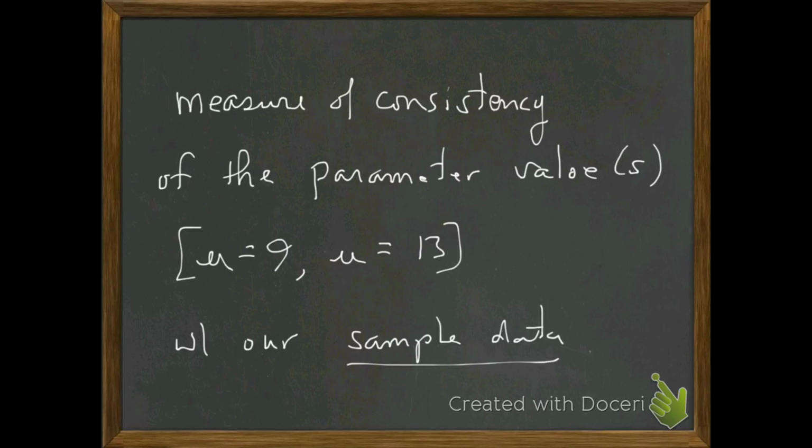Now, clearly there are other values of the mean. Mu is not restricted to being 9 or 13, so considerations for mu could essentially be any real number.